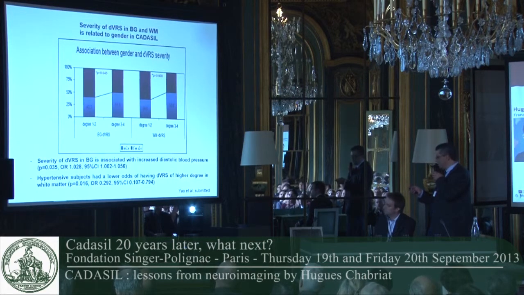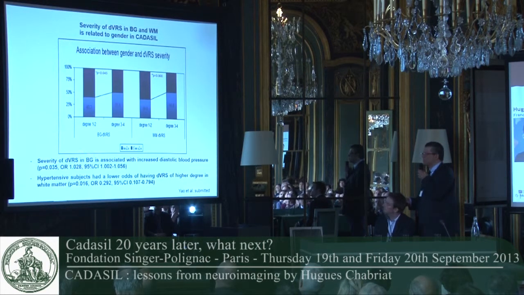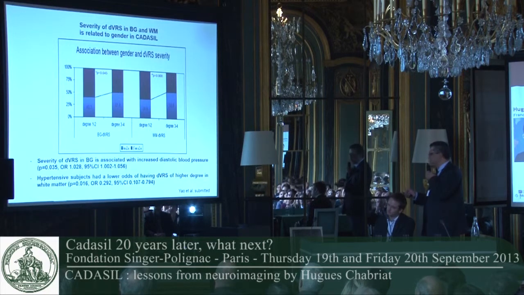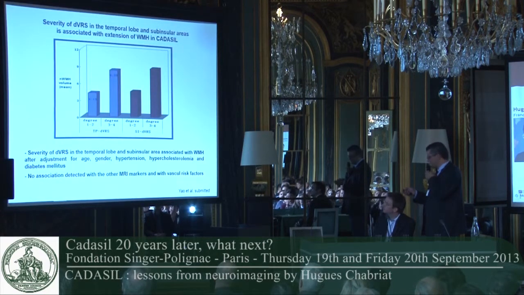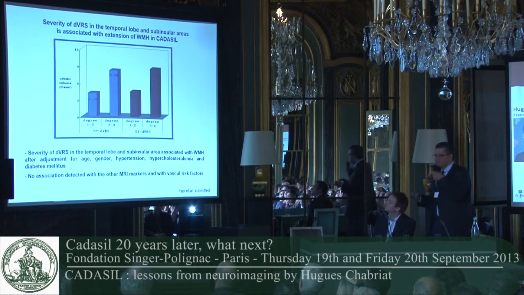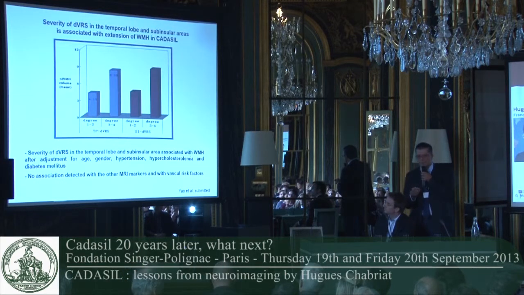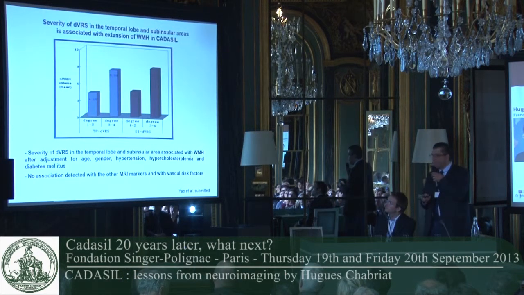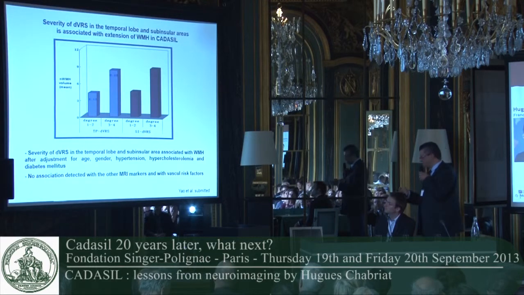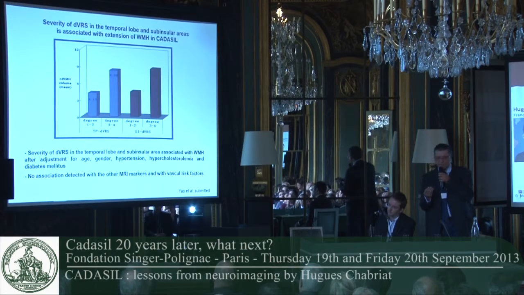And we were able to show that the severity of dilated perivascular spaces in basal ganglia was associated with increased diastolic blood pressure in our cohort, and also that the severity of dilated perivascular spaces within the temporal lobes was strongly associated with the extent of white matter lesions, in contrast with dilated perivascular spaces observed within basal ganglia.